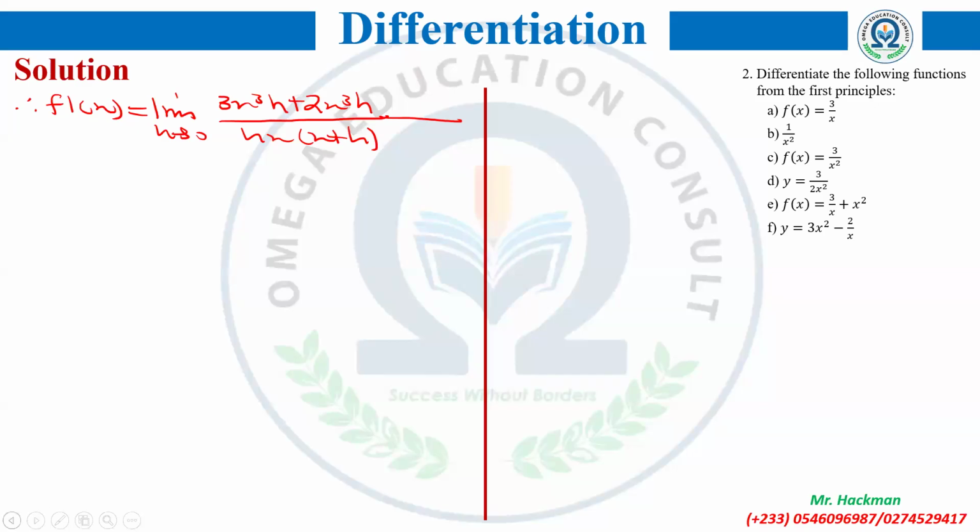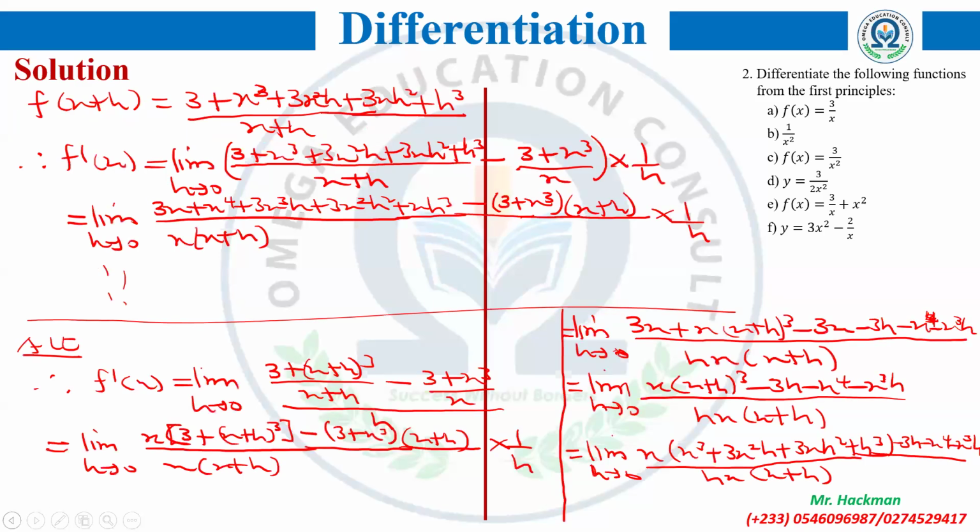Mr. Hackman, yes, please, we wrote 3x cubed h. We wrote it. Where? We didn't see the x cubed h at the end. So you didn't see this one? No, I'm saying what you just wrote right now. Oh, I wrote 3 instead of 2.